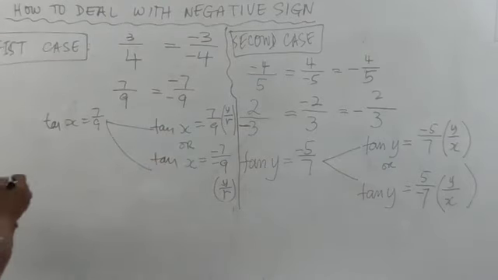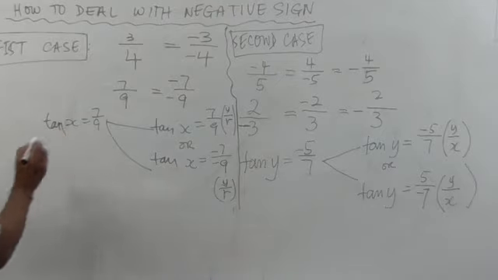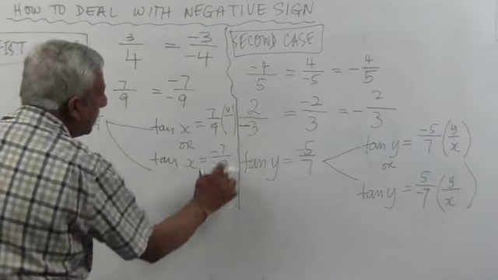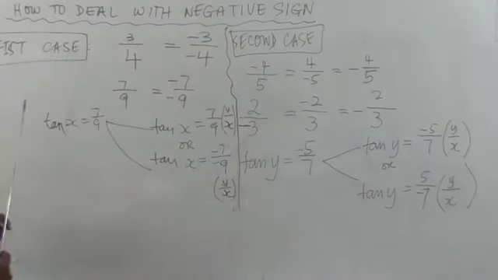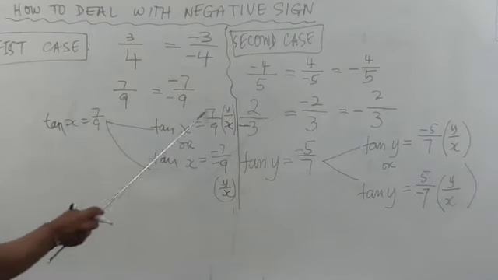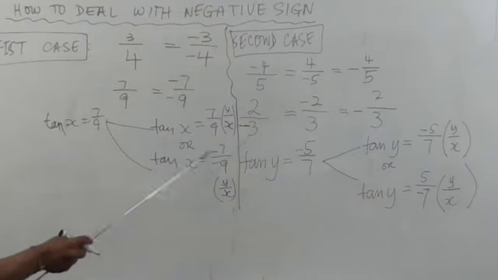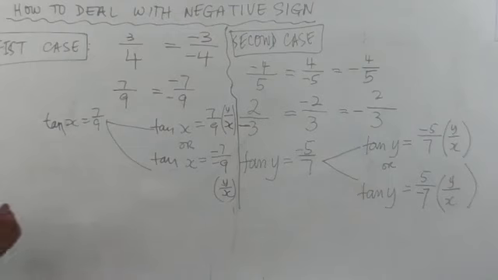So if tan is 7 over 9, that's y over x, so that can be 7 over 9, both are positive, or both are negative. Remember, the radius is always positive, so I'll just write it for you.